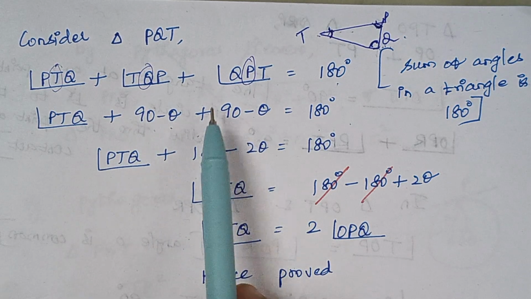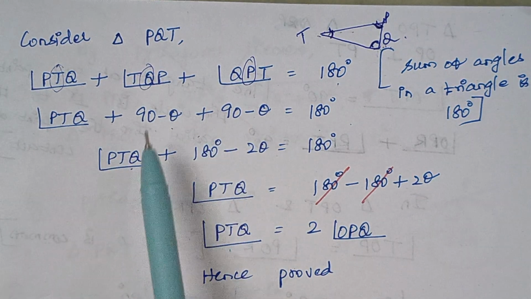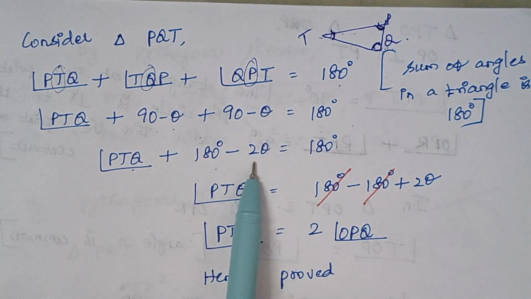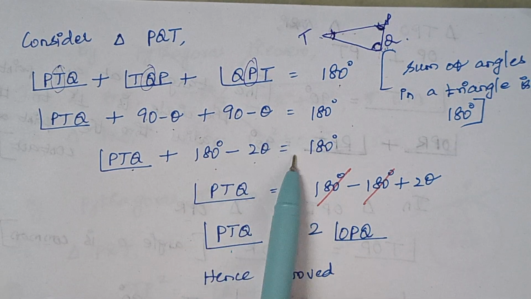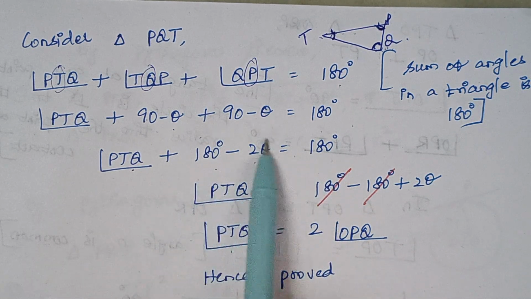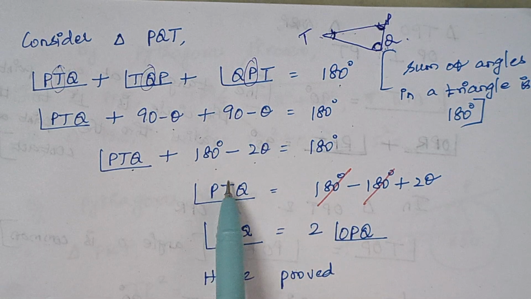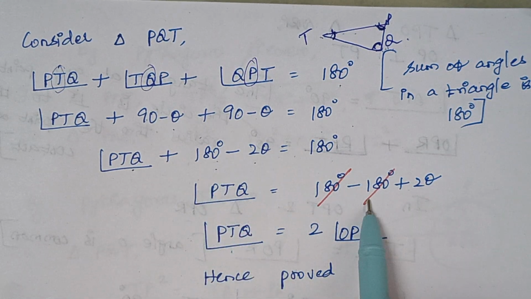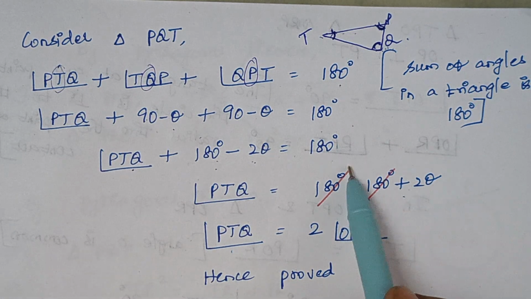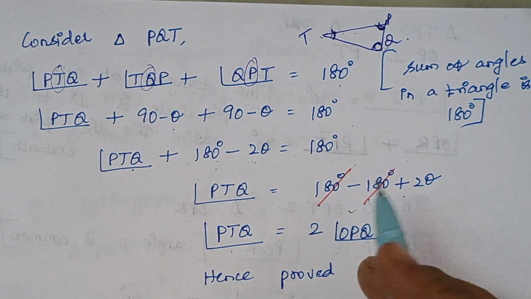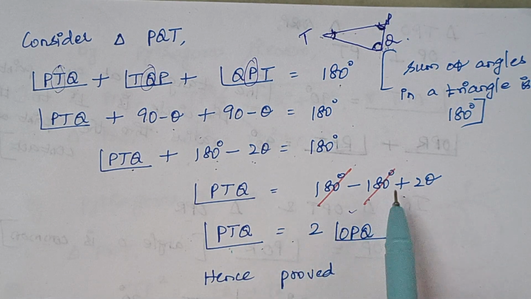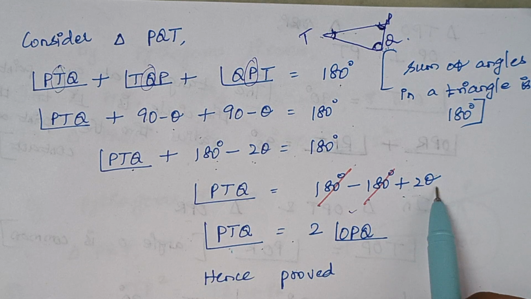When you add here, what happens? PTQ as such, 90 plus 90 is 180, minus theta minus theta becomes minus 2 theta, which is equal to 180. Now I am moving this entire part to the right hand side. Plus 180 becomes minus and minus 2 theta becomes plus. So plus 180 minus 180 becomes 0 and finally PTQ is equal to 2 into theta.